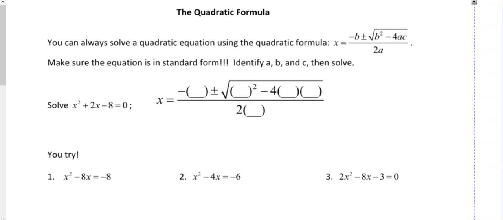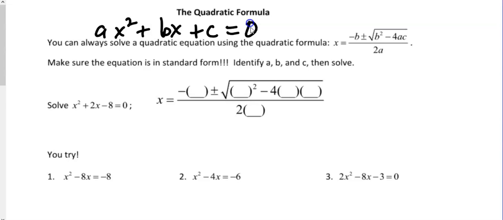So, realize that in order to use the quadratic formula, your equation has to be in standard form. So it's got to be ax squared plus bx plus c equal to 0. Because you have to be able to identify a, b, and c. And then you can plug and chug and solve.